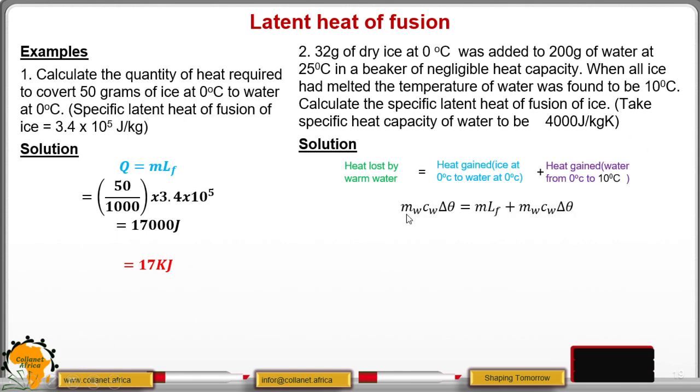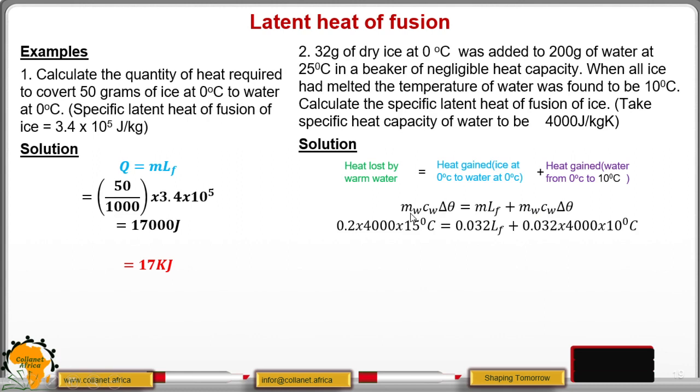So we have the mass of water, the specific heat capacity of water, multiplied by the change in temperature. This must be equal to the mass of ice multiplied by specific latent heat of fusion, plus the mass of water, the specific heat capacity of water, multiplied by the change in temperature.